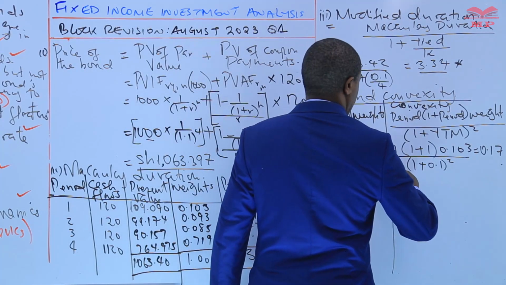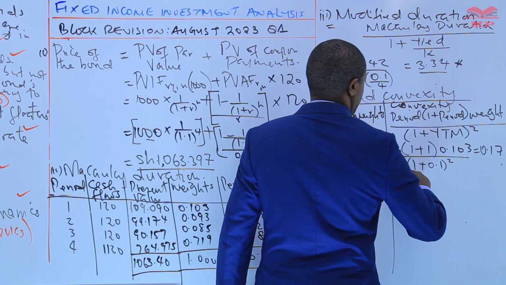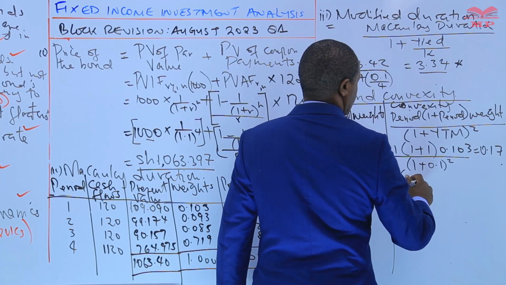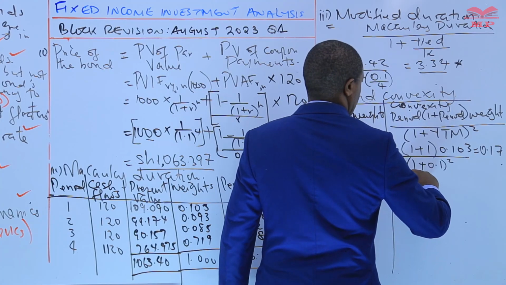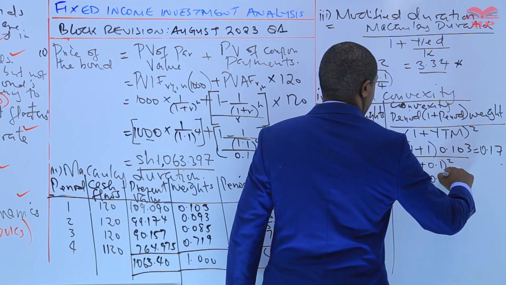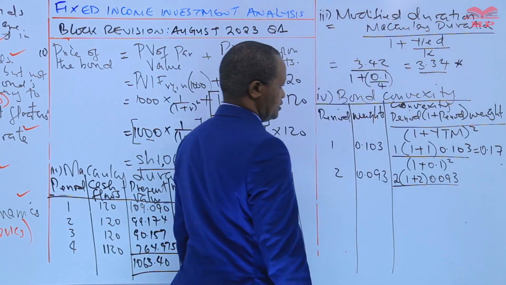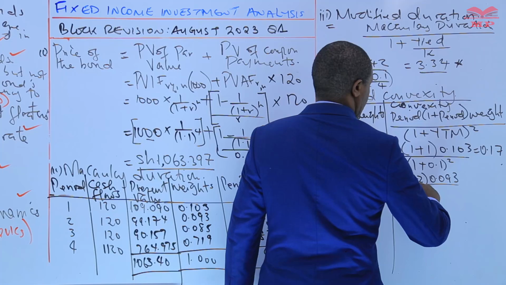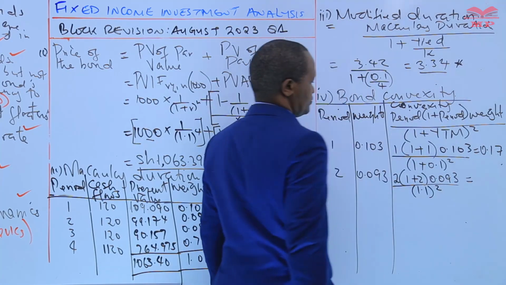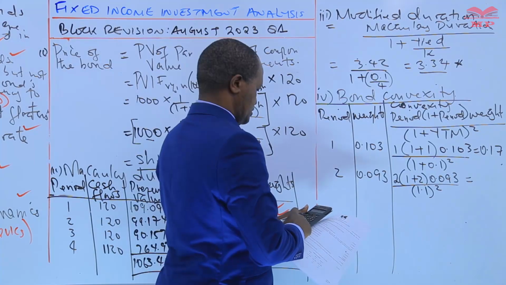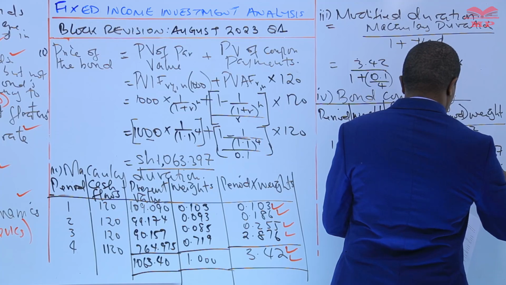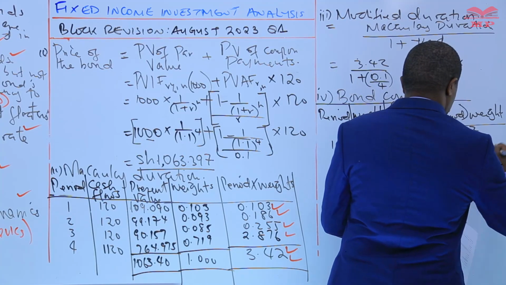The period here is 2 into 1 plus period 2 times weight 0.093, divide all that by 1.1 squared. So here I have 0.46.